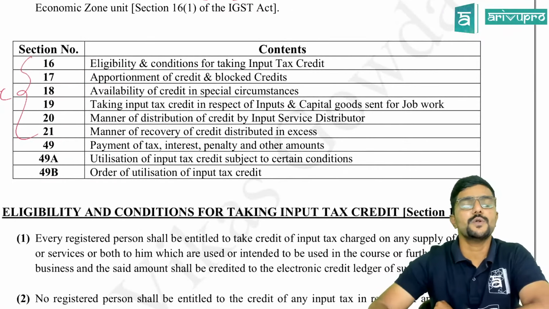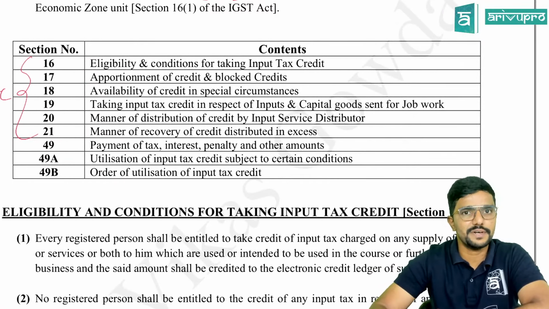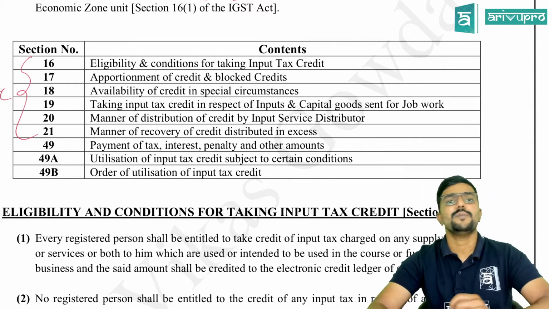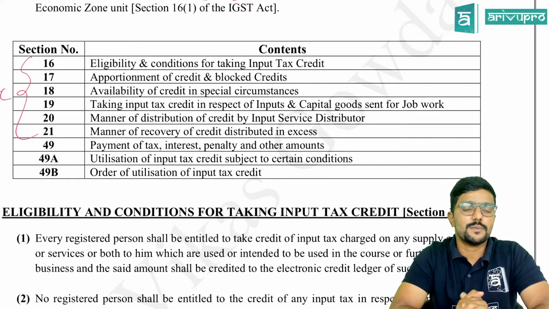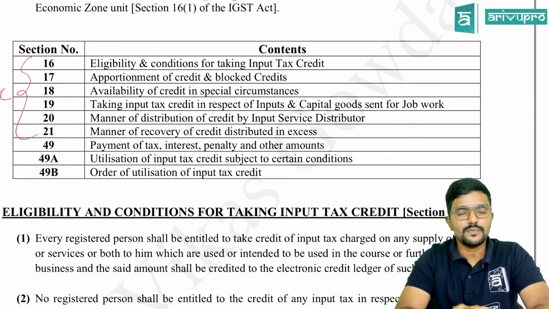So come to your notebook at the beginning where you have written section numbers. Whatever sections we will be covering today, I will make you write there. Under the CGST Act, we are done till section 15, guys, which talks about value of supply. Next you write 16. Next you write 16 there.